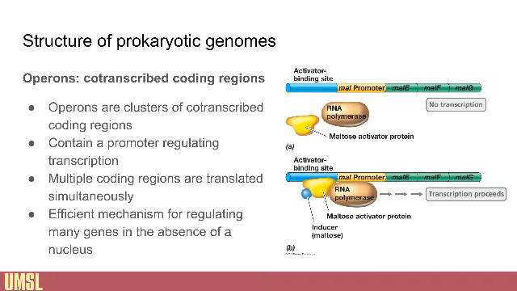And then these mRNAs that are produced as a result of having these open reading frames stacked on top of each other, they are translated simultaneously. So this allows for really exquisite control over, say, metabolic pathway induction.